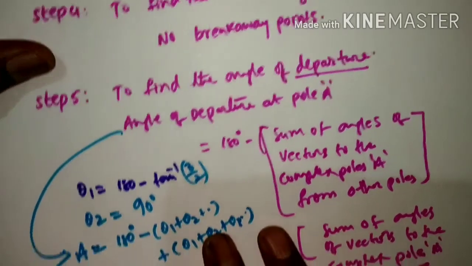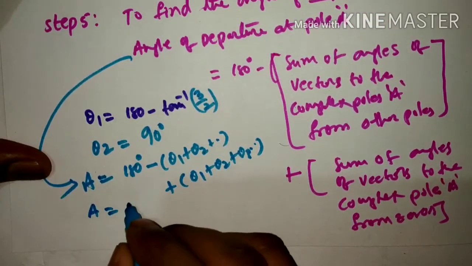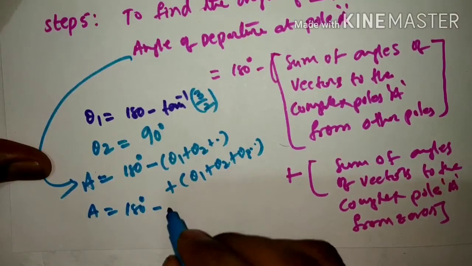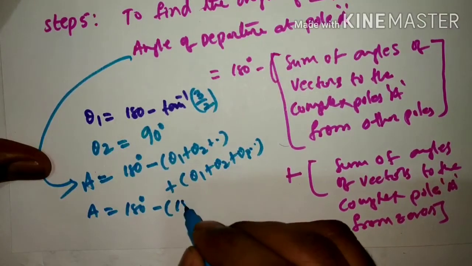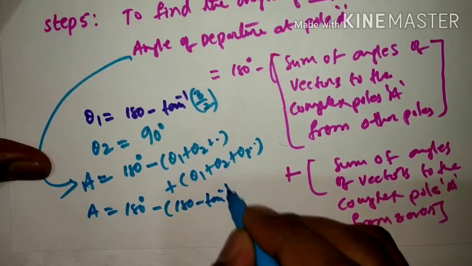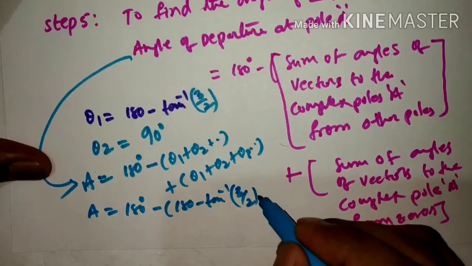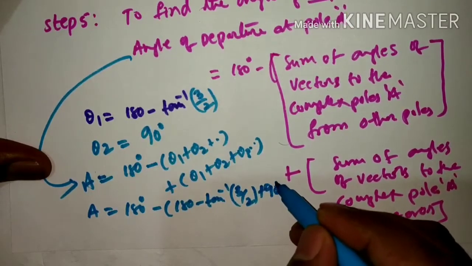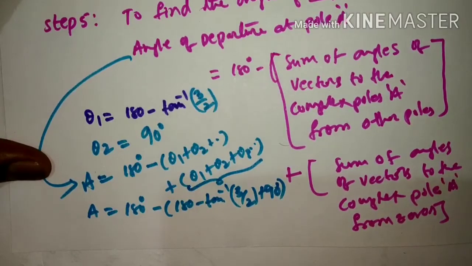If we see here, theta 1 is equal to 180 minus tan inverse 3 by 2. Theta 2 is equal to 90 degrees. The sum of angle contribution by zeros is 0.